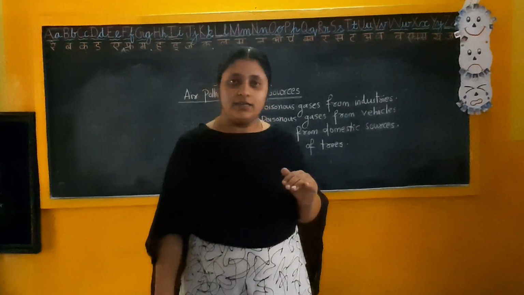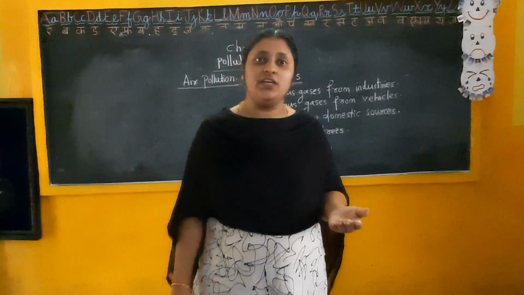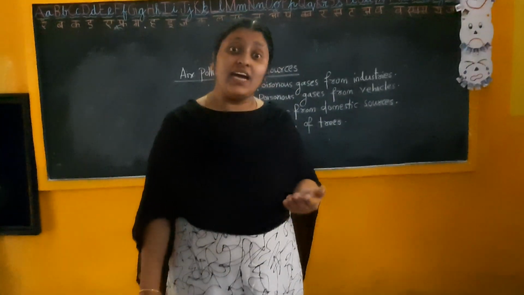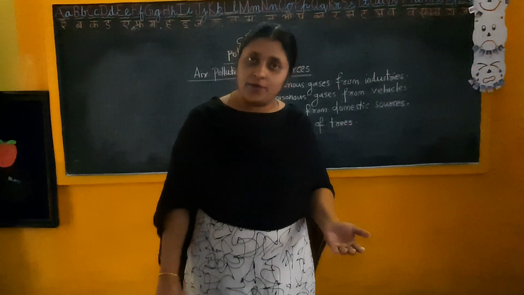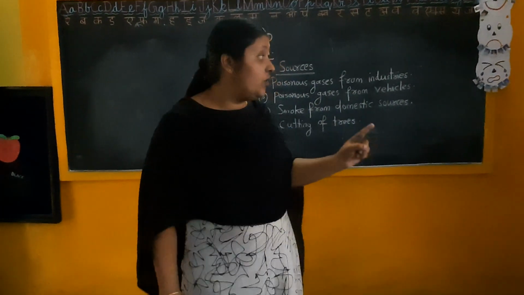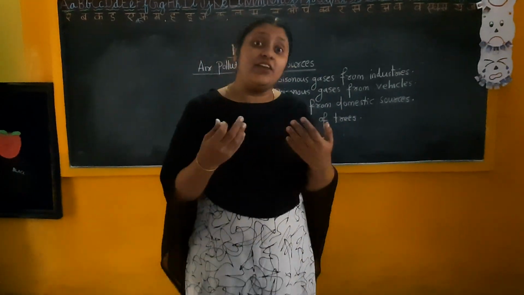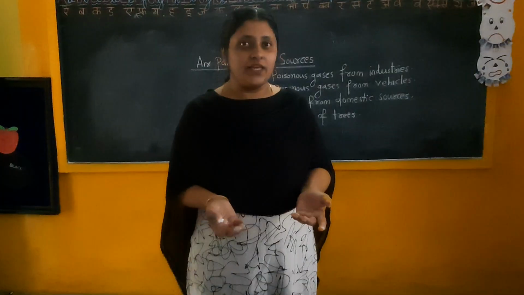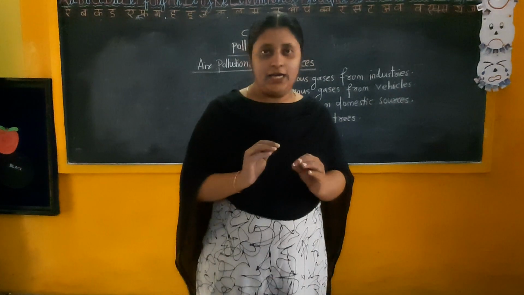Today we learned air pollution, and before that we learned what is pollution, what is pollutant and polluter. After that we learned what is air pollution, what the sources of air pollution are, and how we can prevent these things. So only that much about this topic, air pollution.